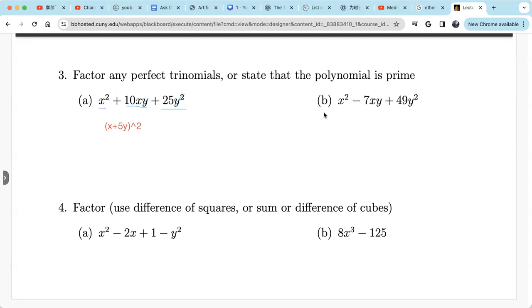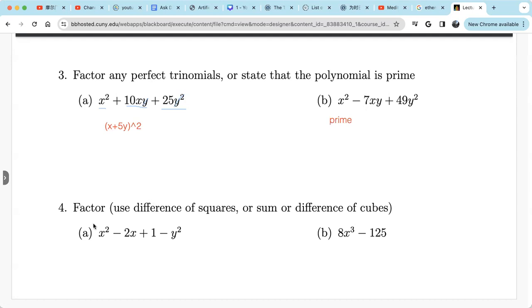No. So B is a prime expression. It cannot be factored, because there's no way two factors of 49 add up to negative 7. Negative 7 is just too small.